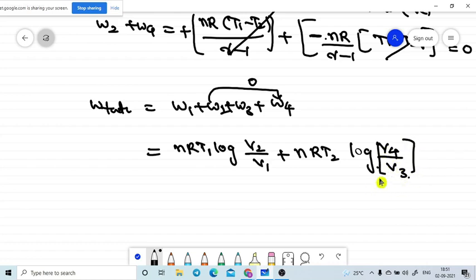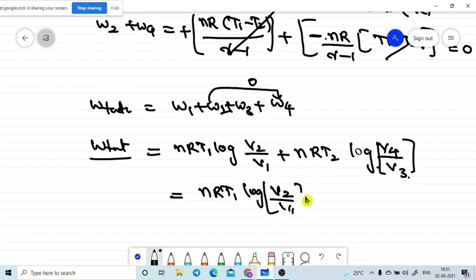Now will you please look at this one? It is the total work done formula. So now I am interchanging this formula, just for simplicity, to make it easy to solve: nR T1 log of V2 divided by V1 minus nR T2 into log of V3 divided by V4.